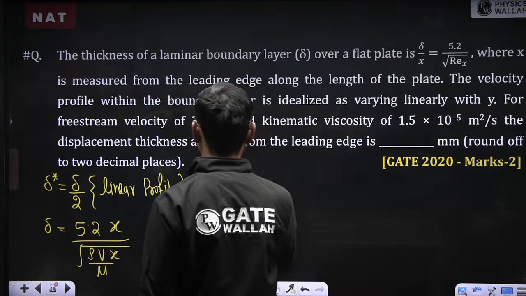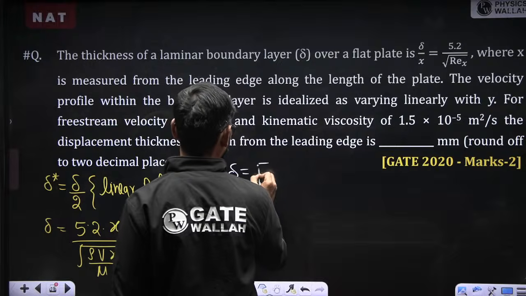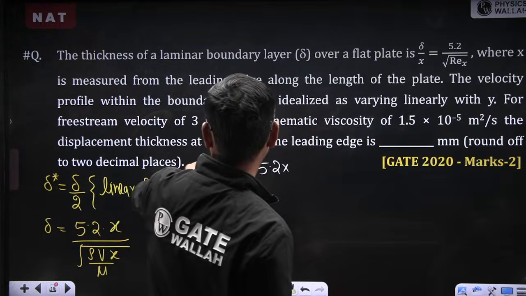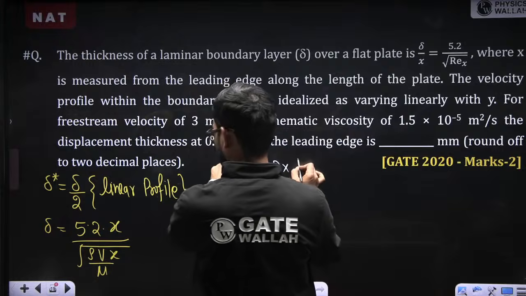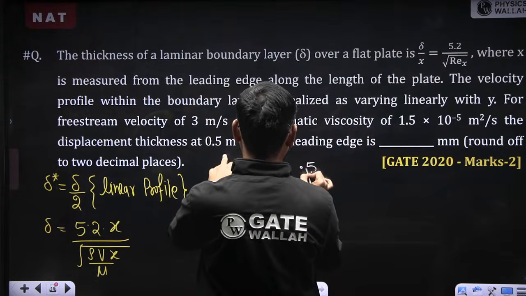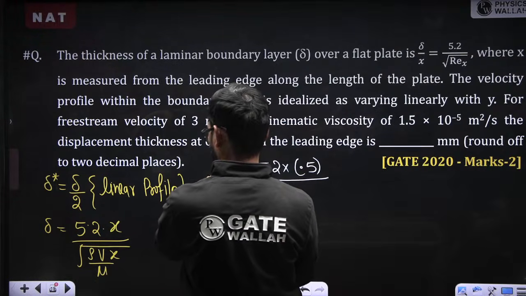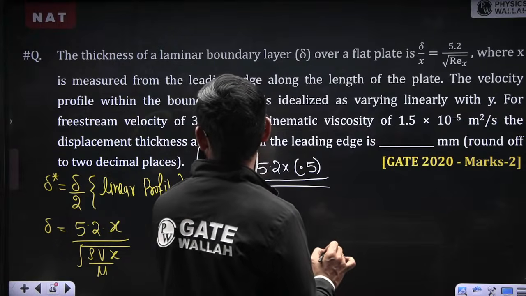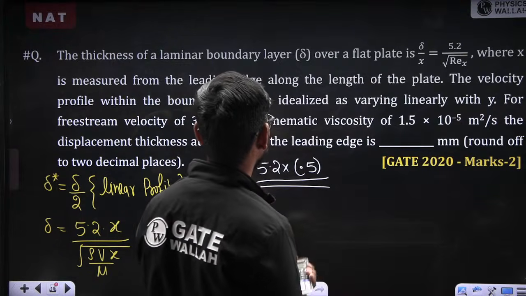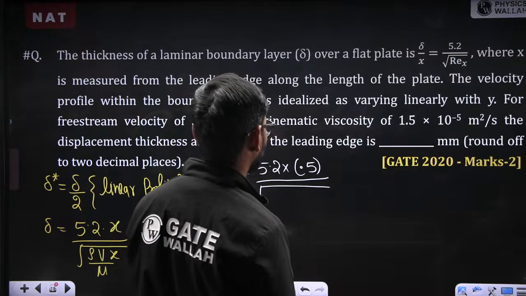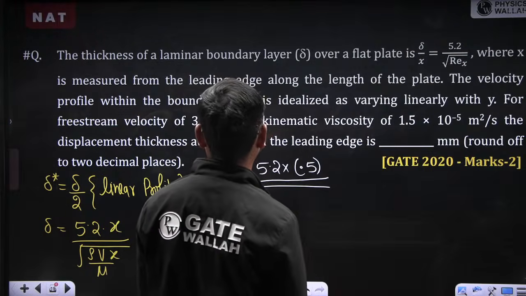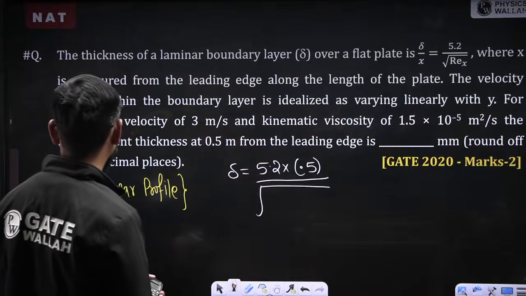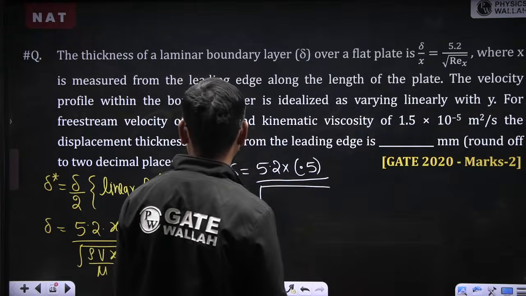Delta will come 5.2 into x, 0.5 meter from the leading edge, divided by under root of V x by nu. Kinematic viscosity mu by rho is equal to nu, so we can write V x by nu.